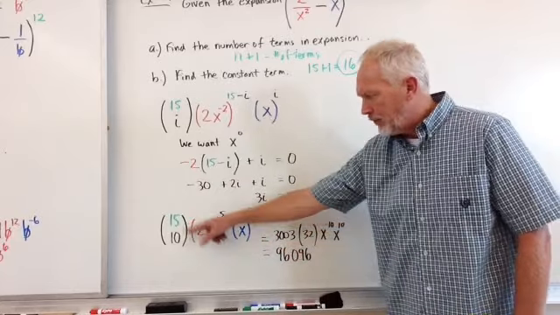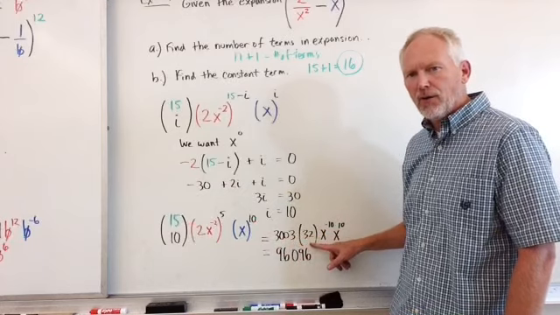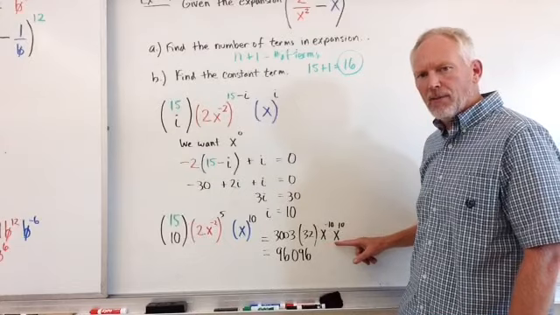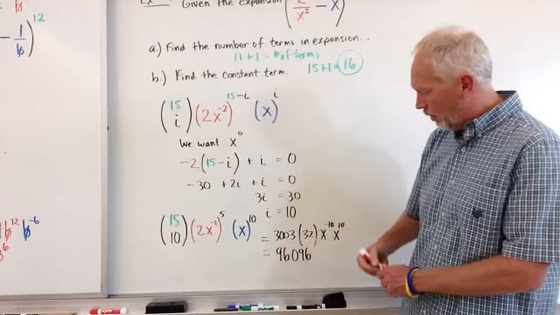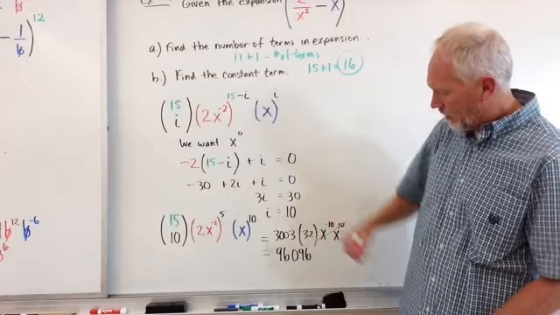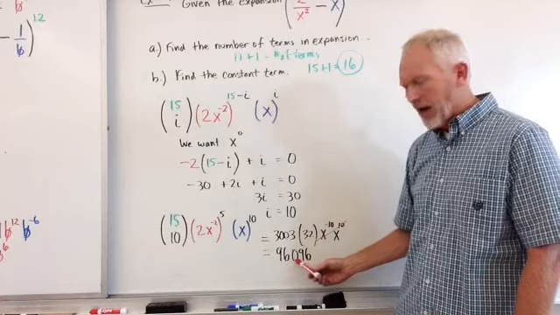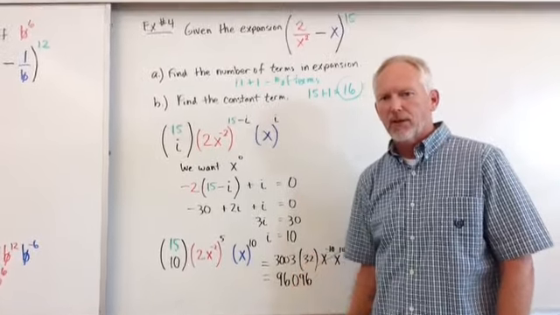When we multiply, 15 choose 10 is 3003 times 2 to the 5th, which is 32. x to the negative 10 times x to the positive 10, so that way our x's go away. And we are left with 96,096 as a final result.